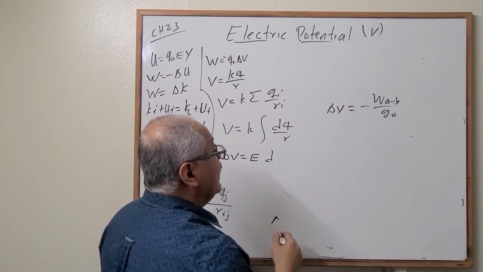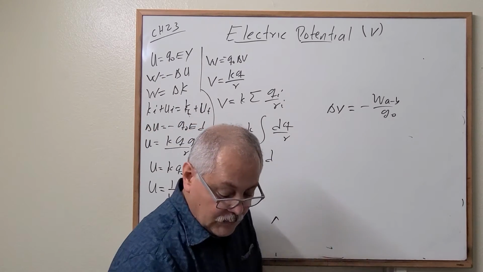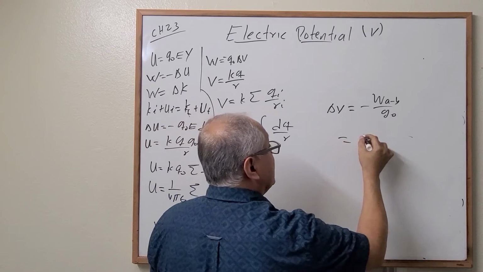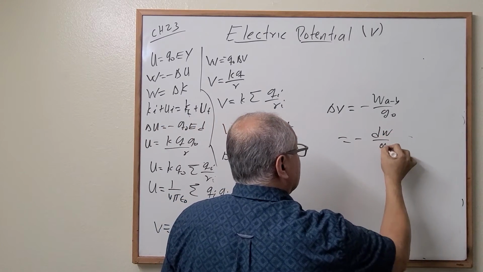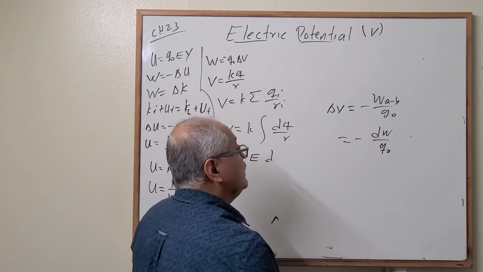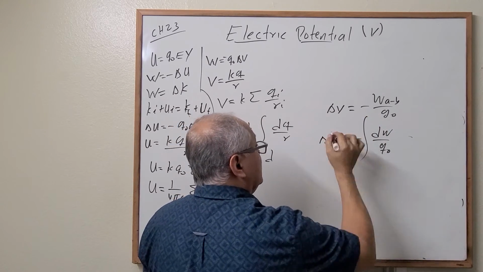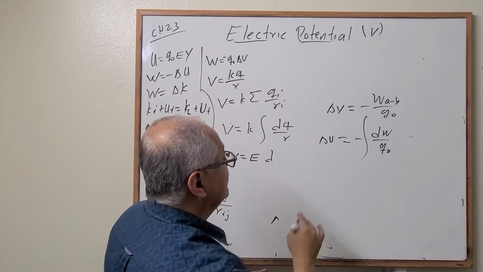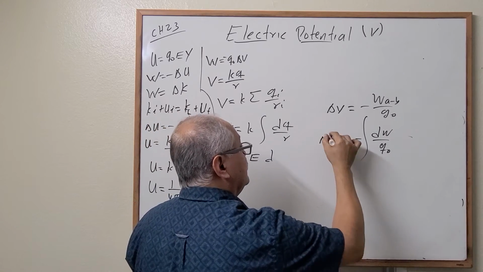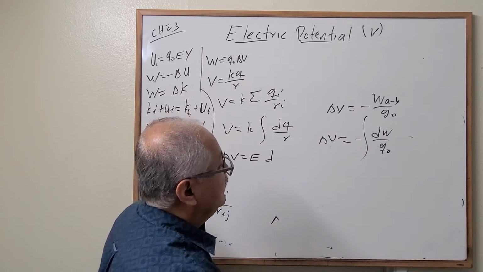Perfect. Now, we can also represent this as negative, right, this change over this quantity, correct? Let's make the integral in this case. And what is this?